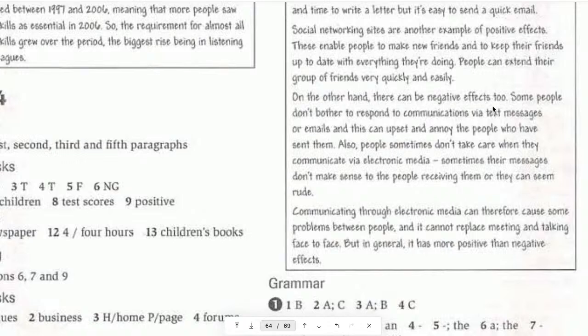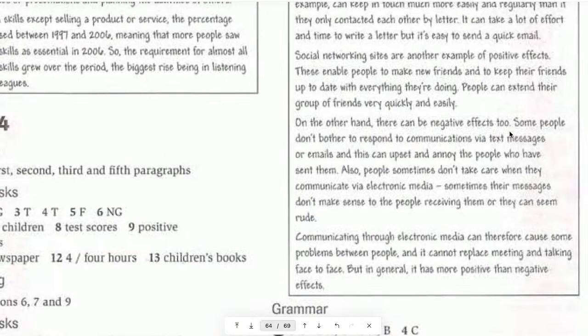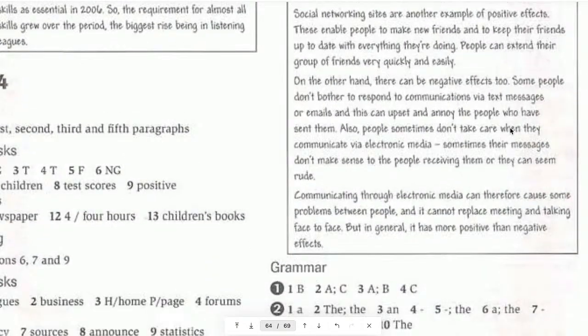So after reading this, can you guess what we are about to read next? Yeah, some kind of negative effects of electronic media, right? Now, keep reading and see whether we guess correctly or not. Go.